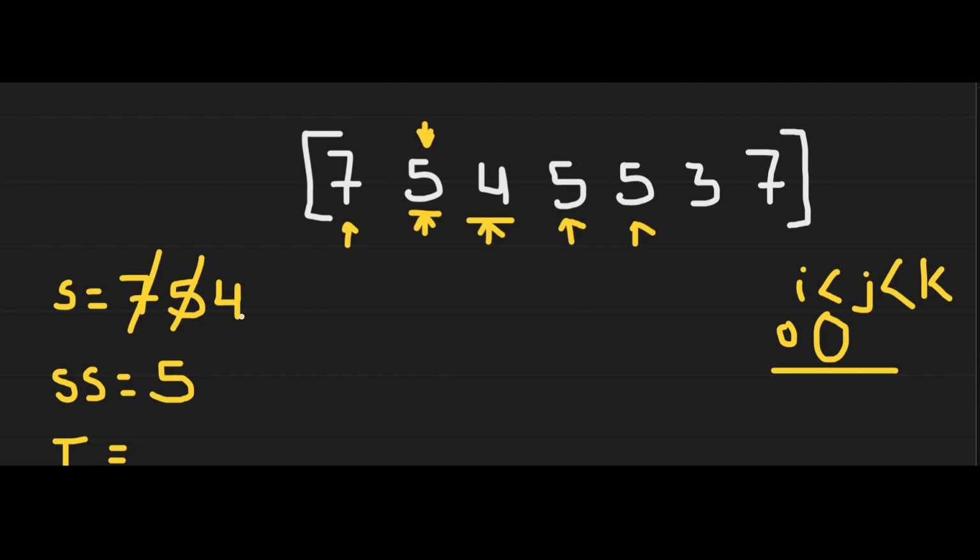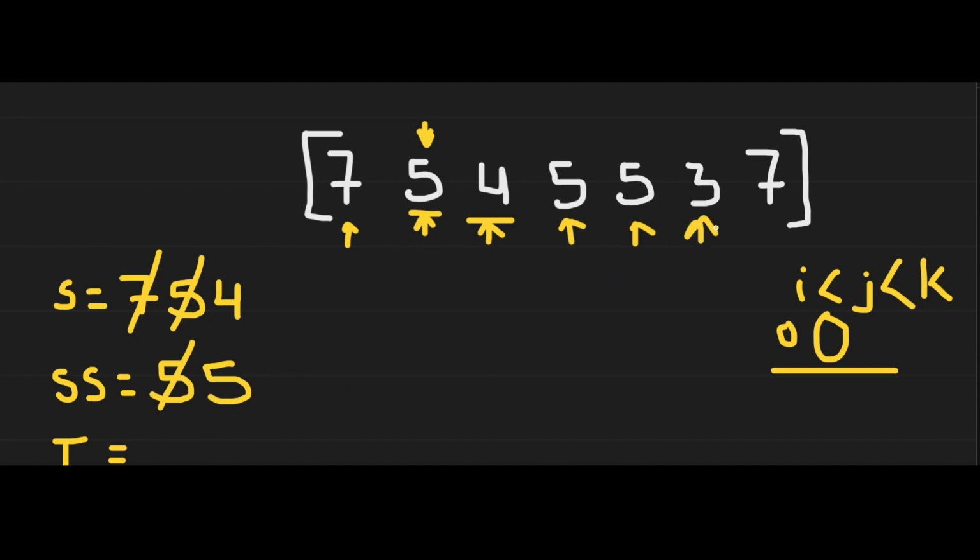So we'll compare 5 with the smallest number. We'll check if 5 is smaller or equal to 4. It is not. So we'll move to the second smallest number. We'll check if 5 is less than or equal to 5. Yes, it is equal. So we'll update our second smallest number and we'll move to the next number.